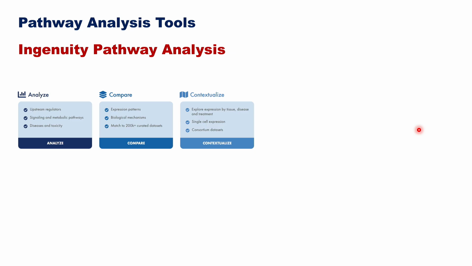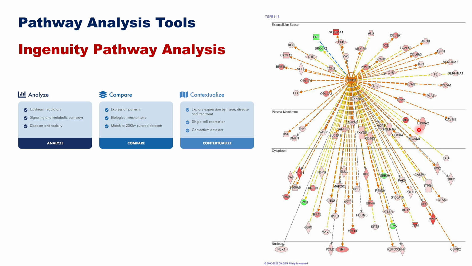It gives a free trial option if you have the institutional ID. But it gives you very good information. It can analyze your upstream regulators, signaling pathways, and it can tell you which other diseases your protein is involved in, so you can correlate the pathology, and it can compare the expression pattern, mechanism, everything.